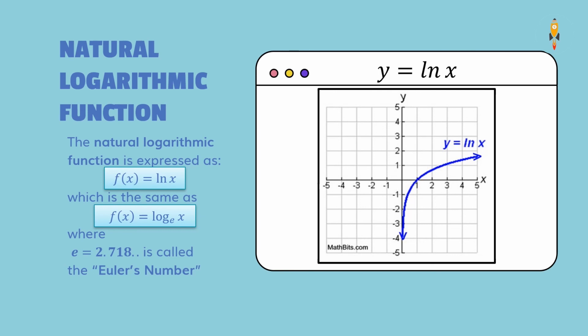It is expressed as ln x, which is the same as log base e of x, where e is equal to 2.718 and so on, which is called the Euler's number. This is the graph of y is equal to the natural log of x.